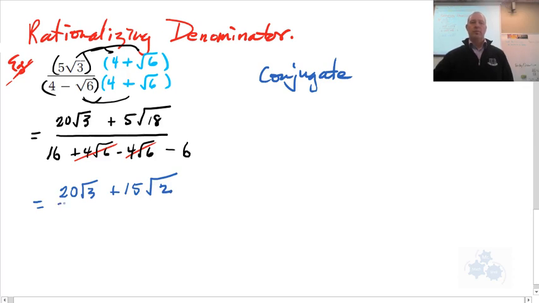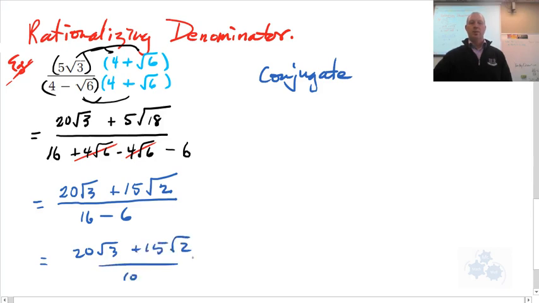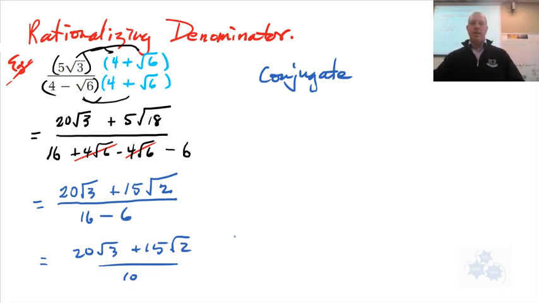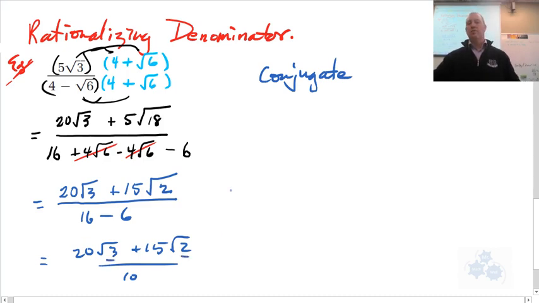Okay? And then over here we have 16 minus 6. So that's 20 root 3 plus 15 root 2 over 10. And we can't combine these because they're unlike radicals. We could do some factoring. Yes, we could do some factoring and simplifying.